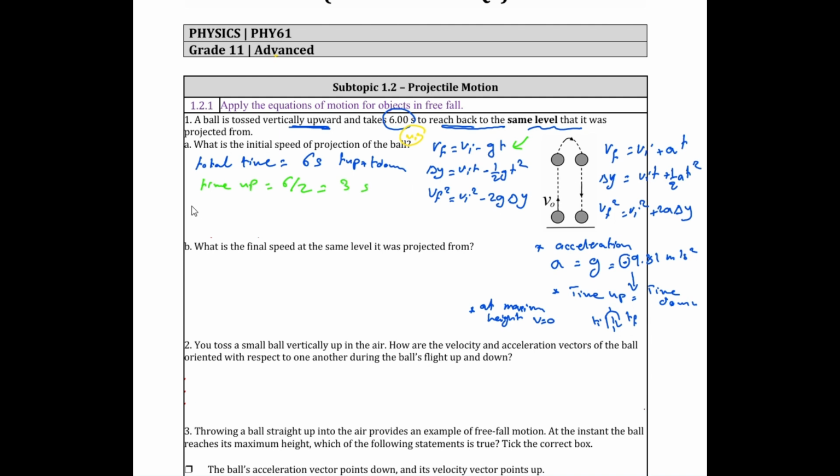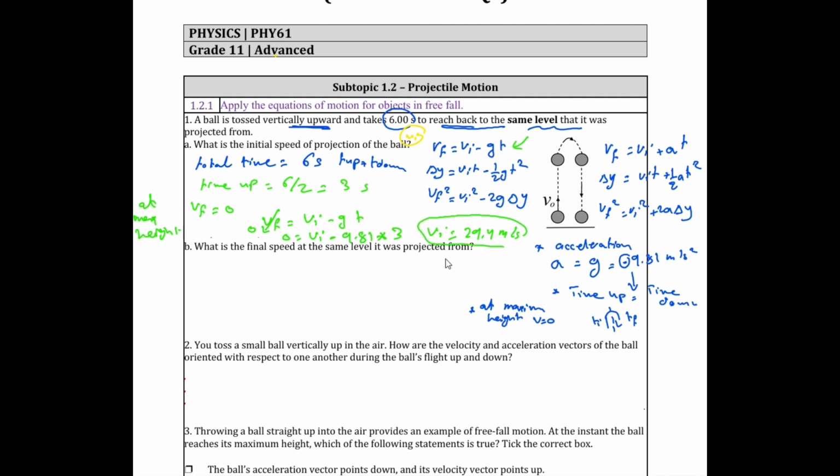Now at maximum height, we said that V equals 0. So we can use the first equation, V final equals V initial minus gt. We have V final equal to 0, so 0 equals V initial minus 9.81 times 3, and from here, if you want to do shift solve or just move the numbers to the other side, you will have about 29.4 meters per second.